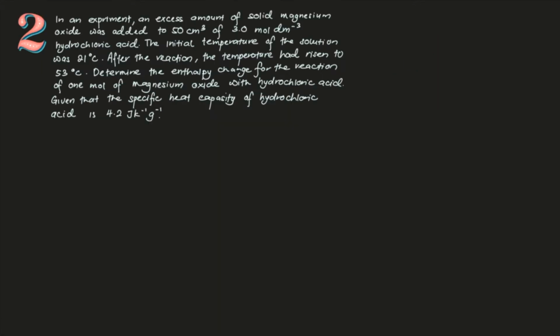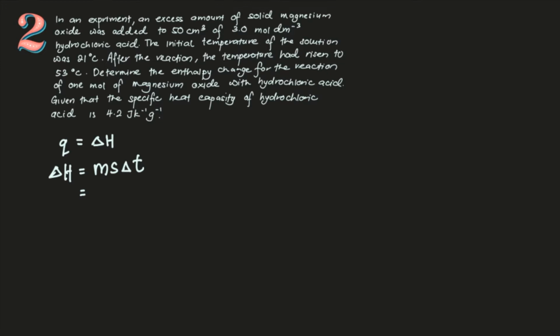So the first thing that you need to understand is the value of Q is actually the same value as delta H. So you should know what is the formula for your Q. So delta H has the same formula as Q, which is m c delta T. The information given to you is mainly for hydrochloric acid, so the delta H that we are going to calculate now is actually for the hydrochloric acid.